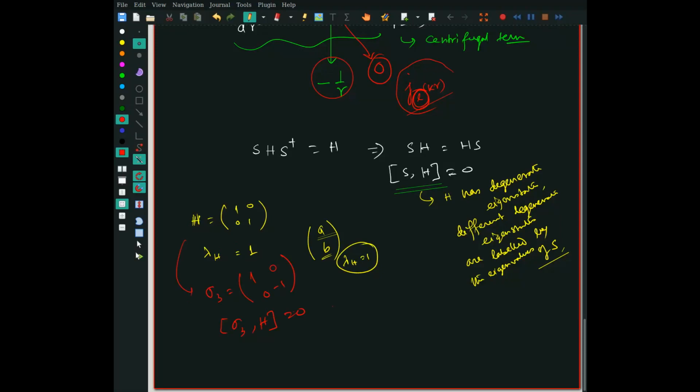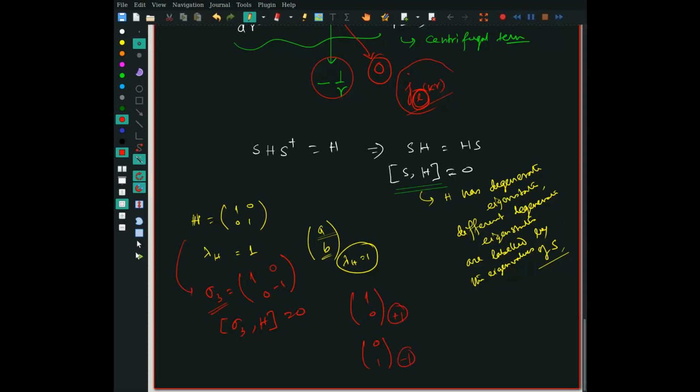Now I can be confident that the eigenstates of sigma 3 are basically (1, 0), which corresponds to eigenvalue plus 1, and (0, 1), which corresponds to eigenvalue minus 1. So this is the sigma 3 eigenvalue.